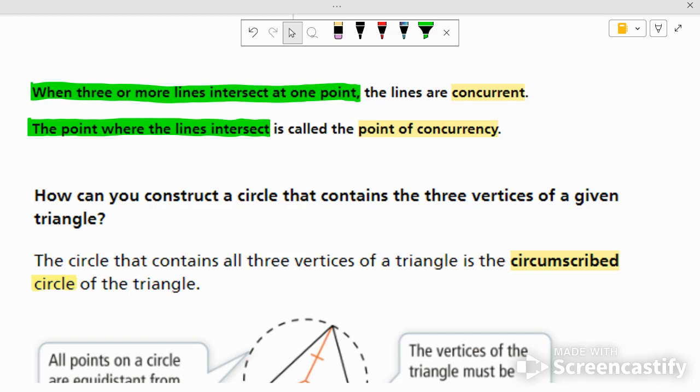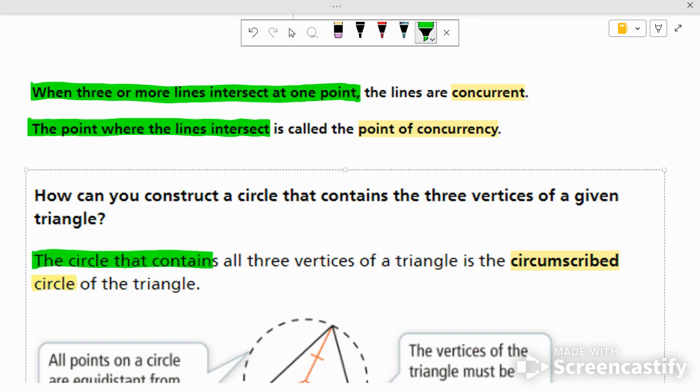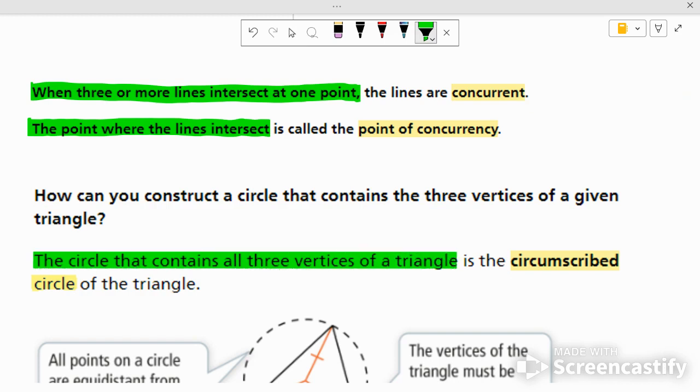So when three or more lines intersect at one point, they're said to be concurrent. And where they intersect is called the point of concurrency. The circle that contains all three vertices of a triangle is called a circumscribed circle, and that's a construction that we did. The first four constructions on that worksheet we did the other day were for a circumscribed circle.